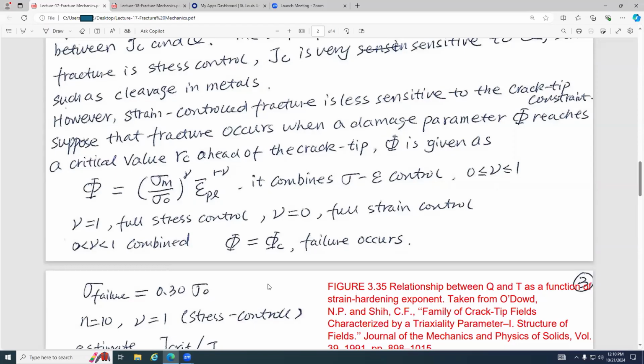So these three are the three normal stresses. This is called mean stress. And this is sigma 0, and sigma 0 is the reference stress. And then we have epsilon PL bar, which is the equivalent plastic strain.